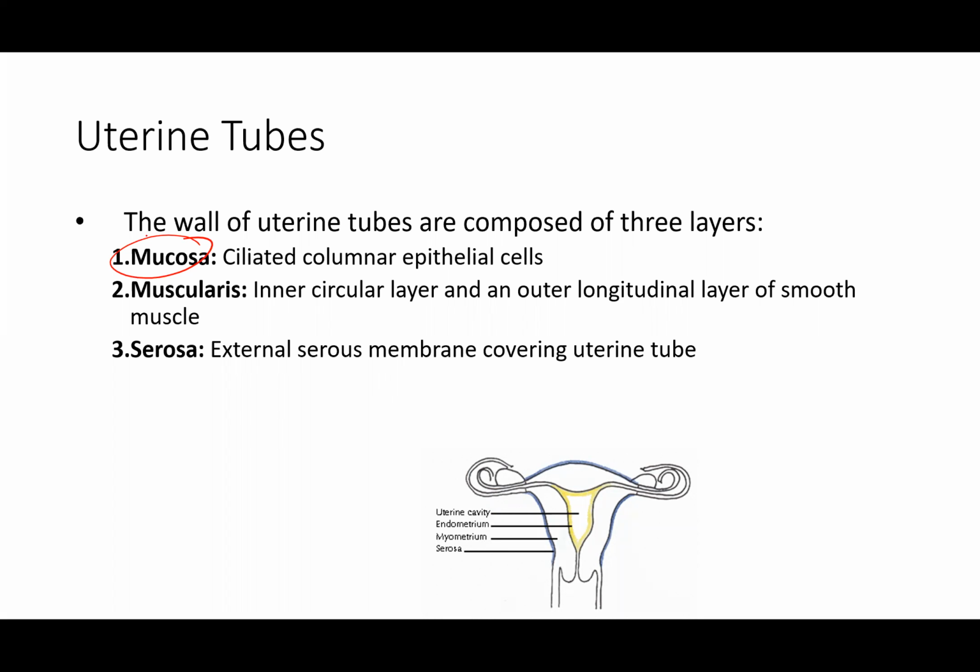It's a protective lining. You also have the muscularis layer, which is a very strong muscle. It responds very well to oxytocin to help with contraction. And the outer serosal layer.